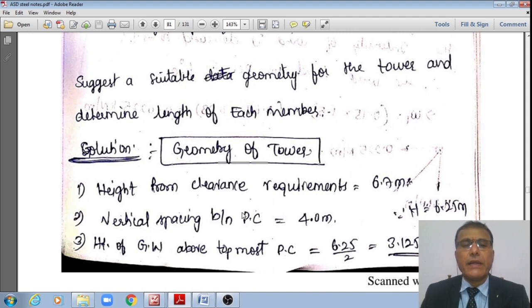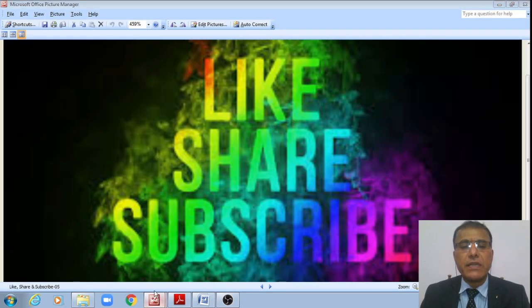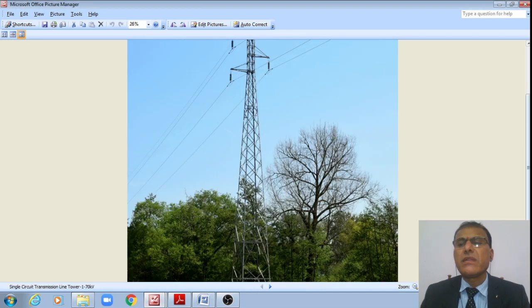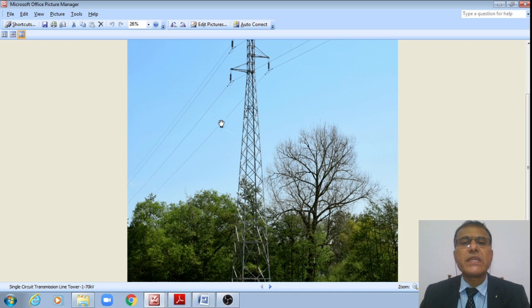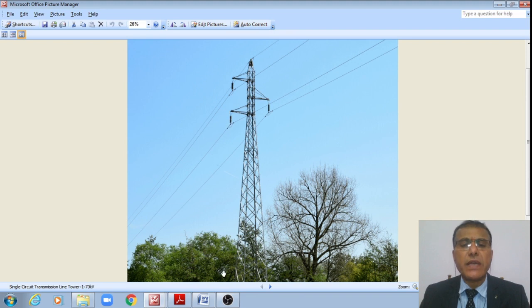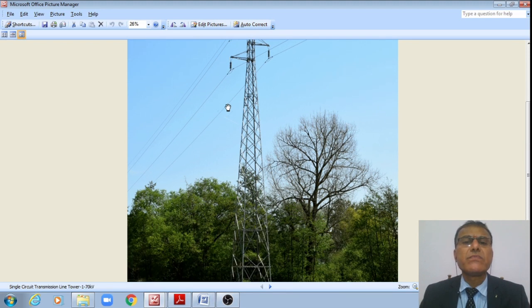And the next one is the vertical spacing between the power conductors. This vertical spacing, students. The first one is from the sag point of view, 6.4. And 6.7 is after the maximum sag to the ground.